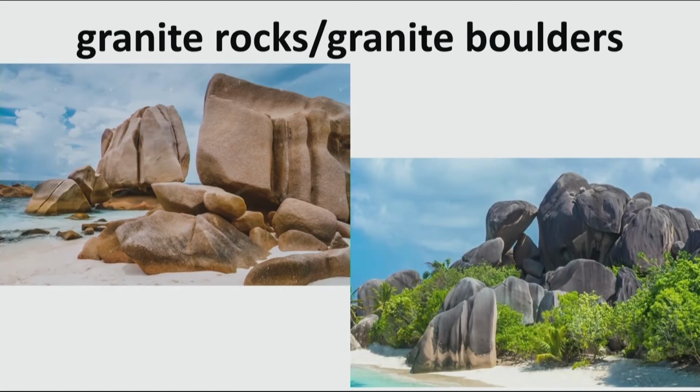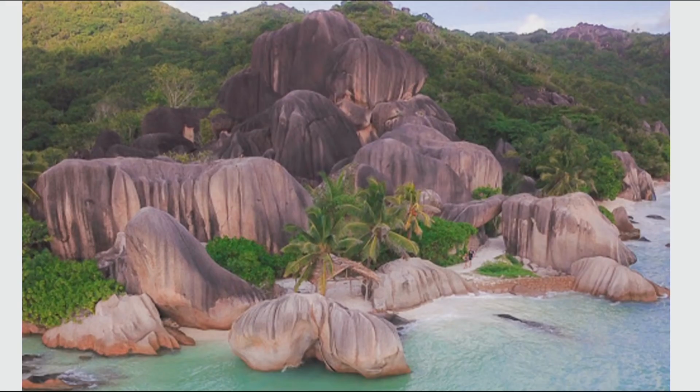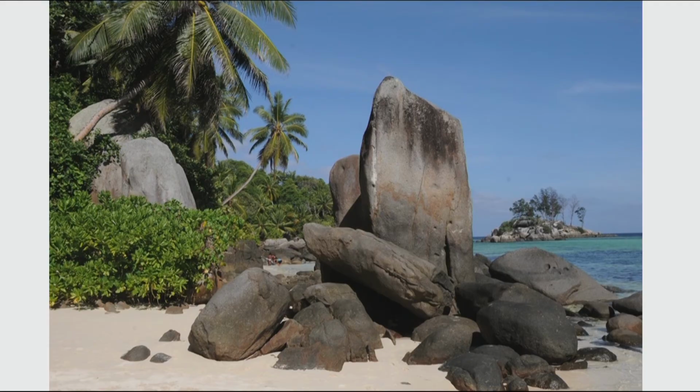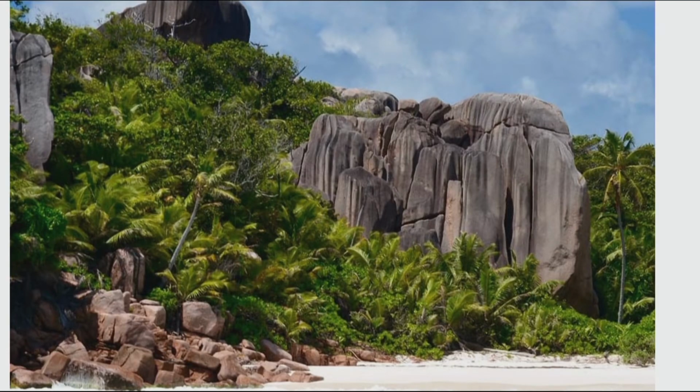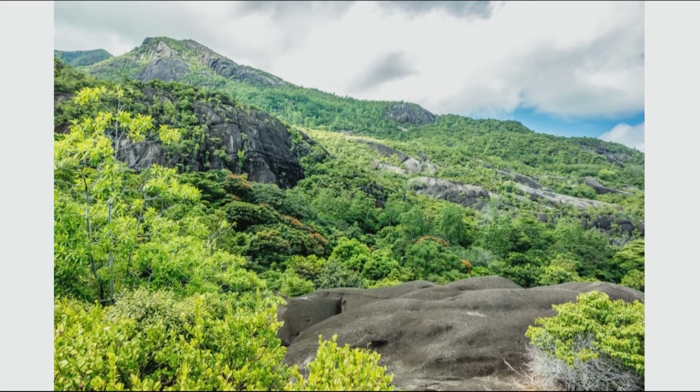So here we can see some pictures of granite rocks, or what we call granite boulders. Okay, we can also see how lovely our Seychelles is. Okay, so those are granite rocks.